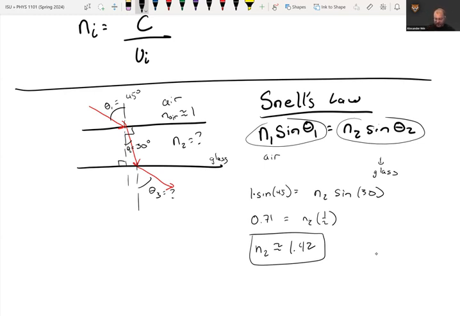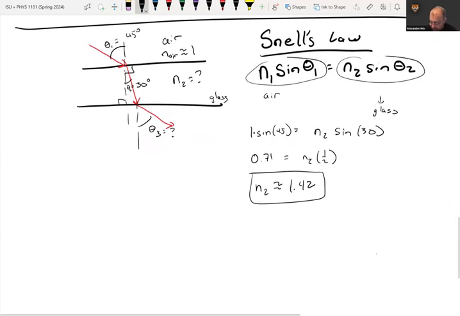And then the question is, okay, what then is theta 3? So theta 3 equals, and we're just going to prove that it should be 45, but we're going to go ahead and prove that. So we would have n2, which was 1.42. And then we know that this angle right here, that is still 30 degrees. That's just an alternate interior angles idea.